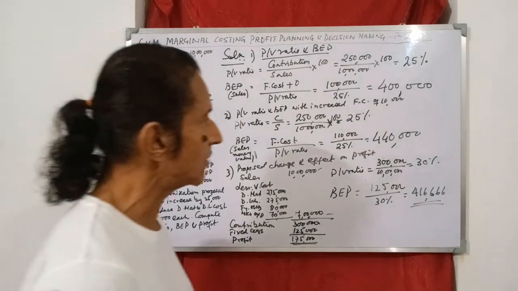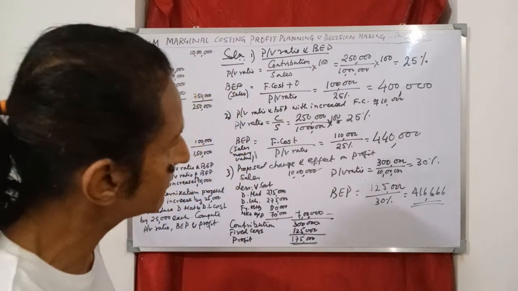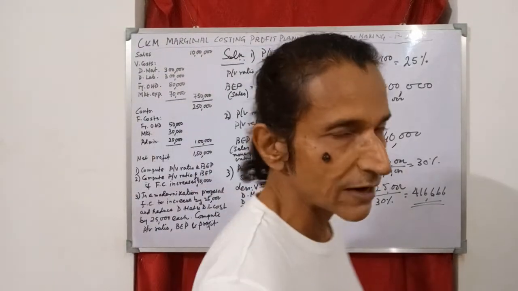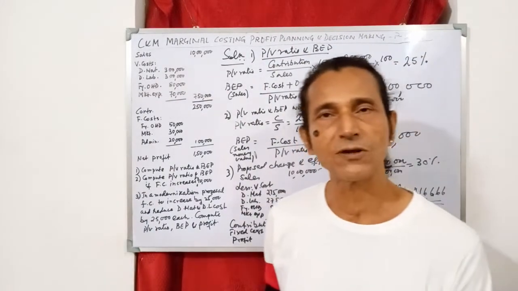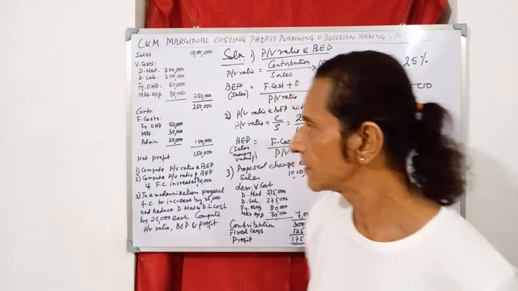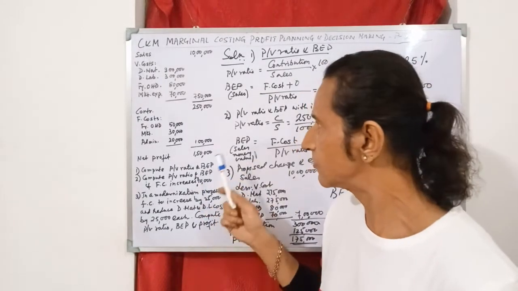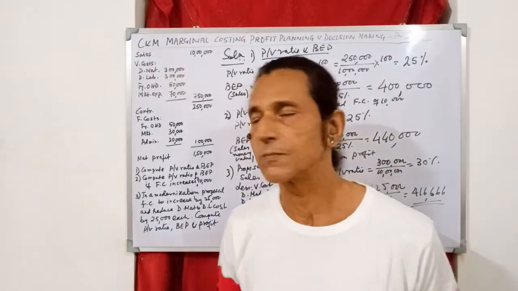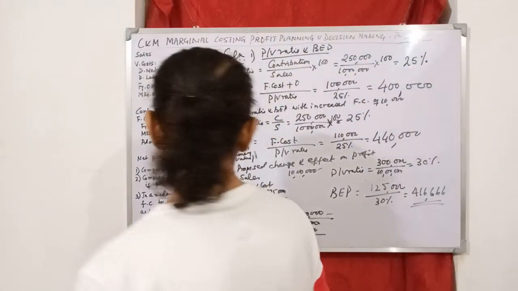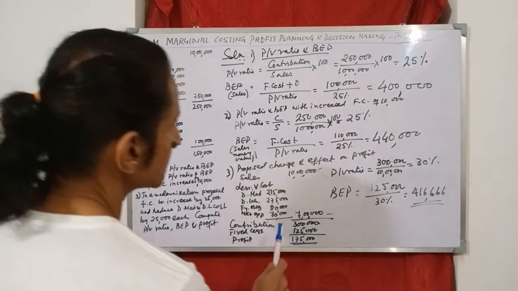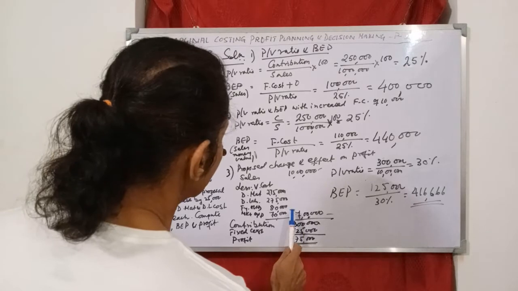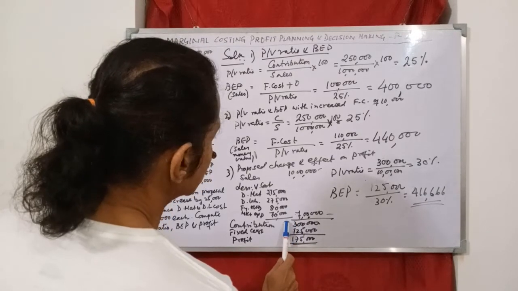Now we find out the PV ratio and break-even point. Here there will be a change in PV ratio as well as break-even point because variable cost as well as fixed cost are both changing. What will be the variable cost? Total variable cost is 7 lakh. So contribution is 3 lakh.